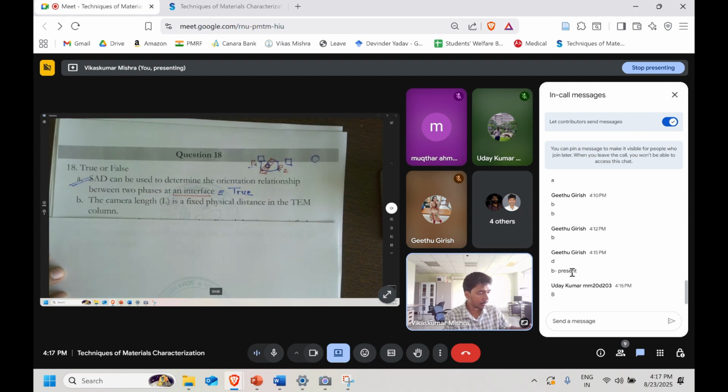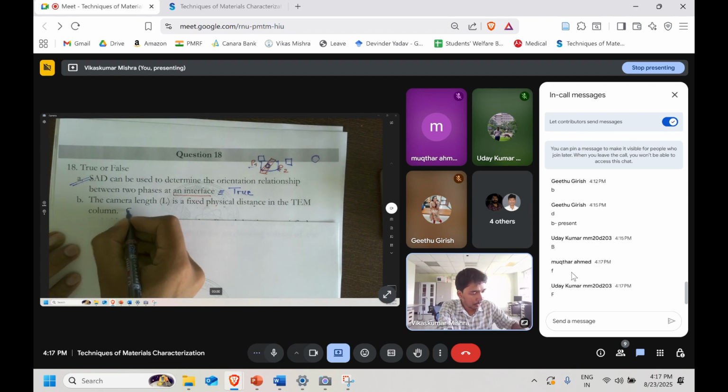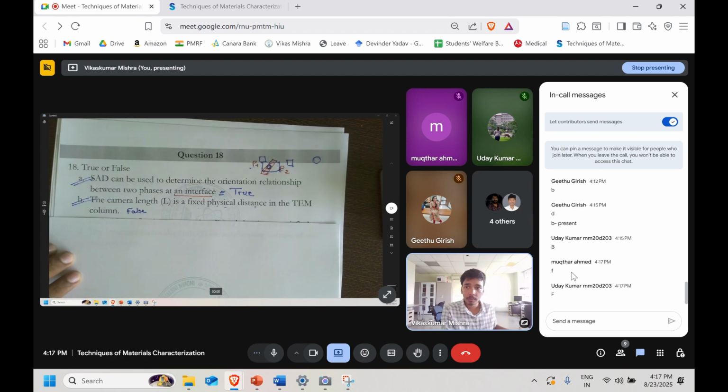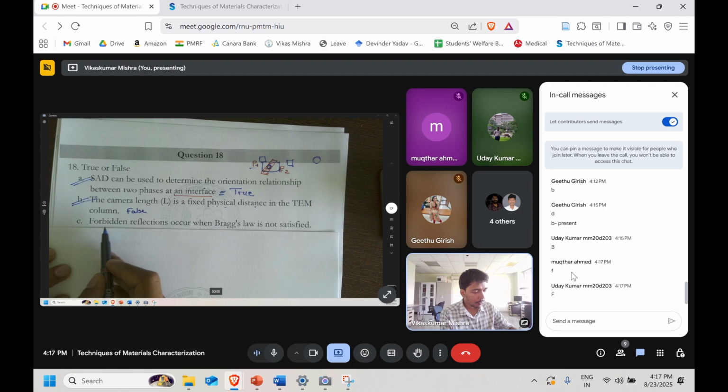B. The camera length L is a fixed physical distance in the EM column. True or false? A similar question we have done. Very good, it's false. It's a variable term, right? Okay, now, forbidden reflection occurs when Bragg's law is not satisfied.